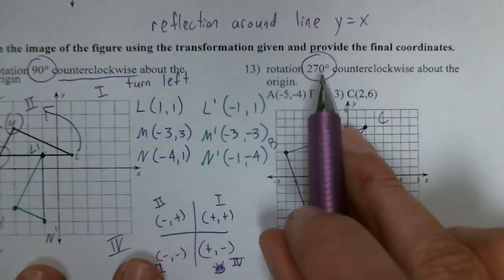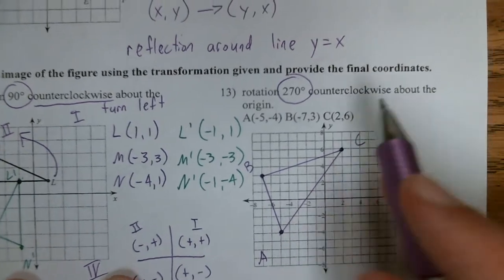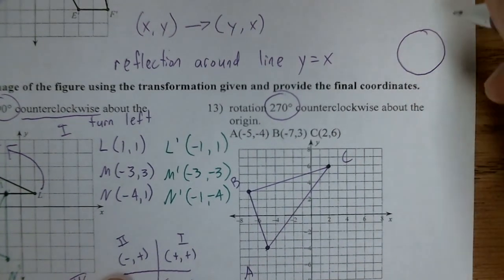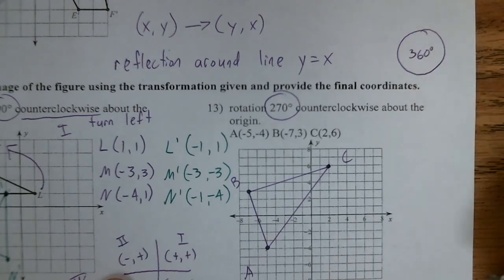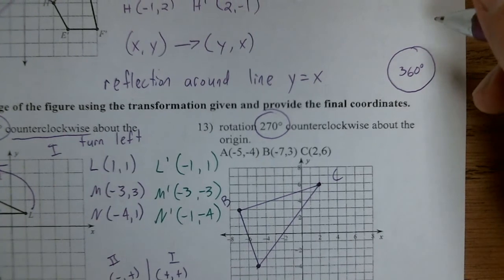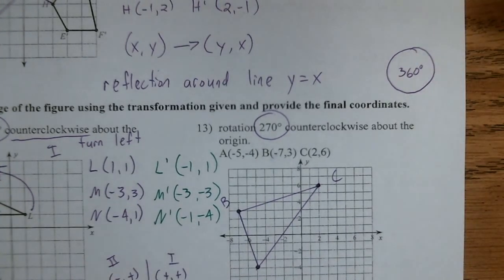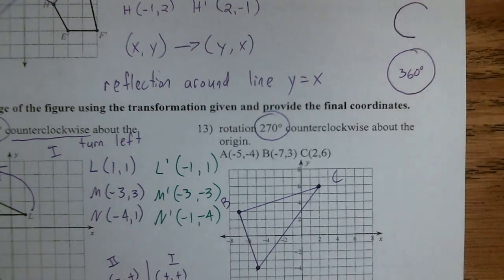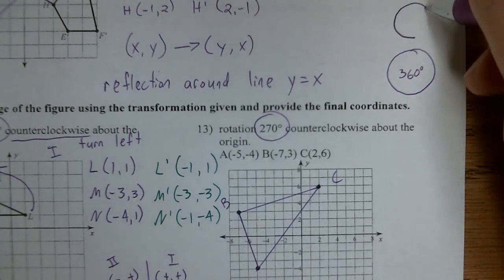Okay, now 270 degrees counterclockwise. Well, a full circle is 360 degrees, right? How much is 270 degrees? 270 divided by 360 is 3/4. Remember when we were doing area of a sector and arc length and all that stuff? 270 is basically 3/4 of a circle.